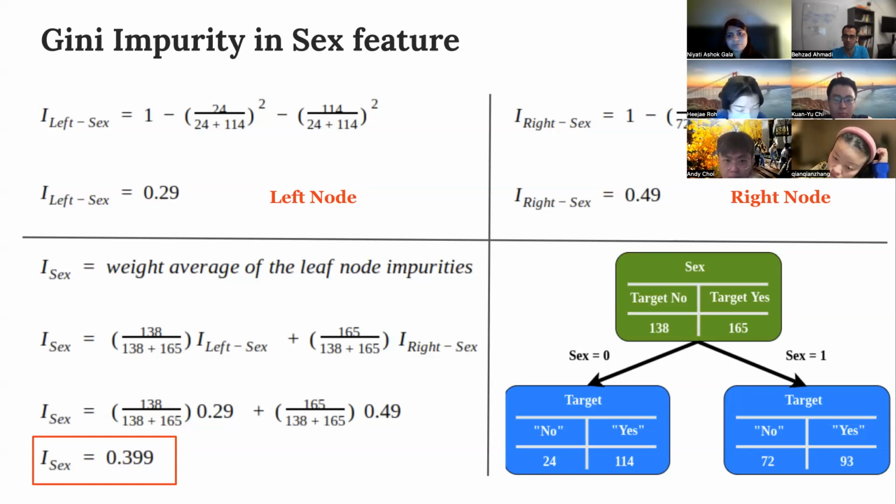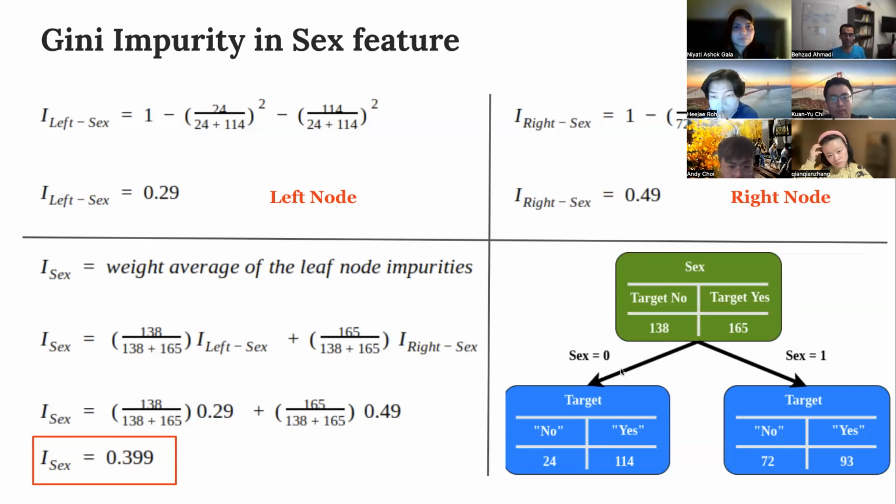And let's assume that if you split by sex it's easy because you have 0 and 1, right? If you have 138 in the no class and 165 in the yes class.